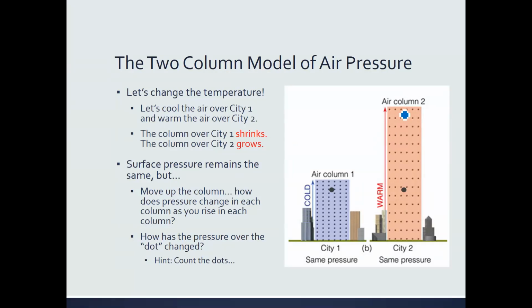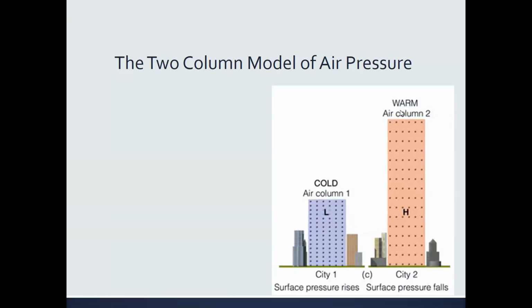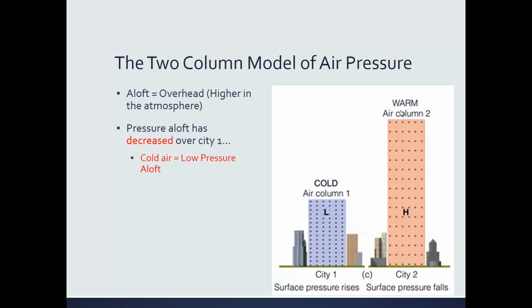So what we end up getting is low pressure aloft over the cold column, and high pressure aloft over the warm column. Why? Because at this arbitrary height, we have more dots above us in the warm column than in the cold column.